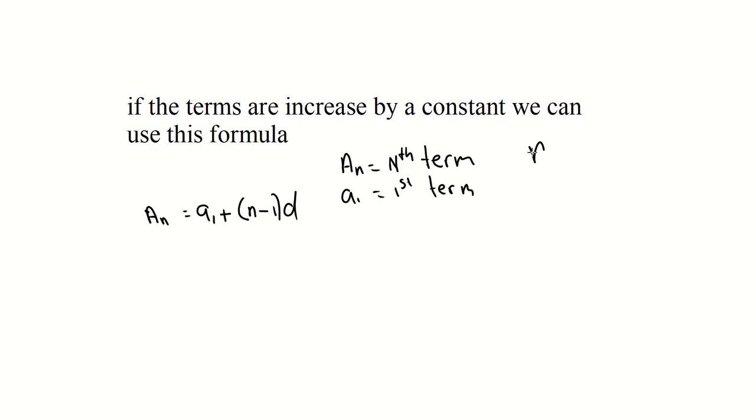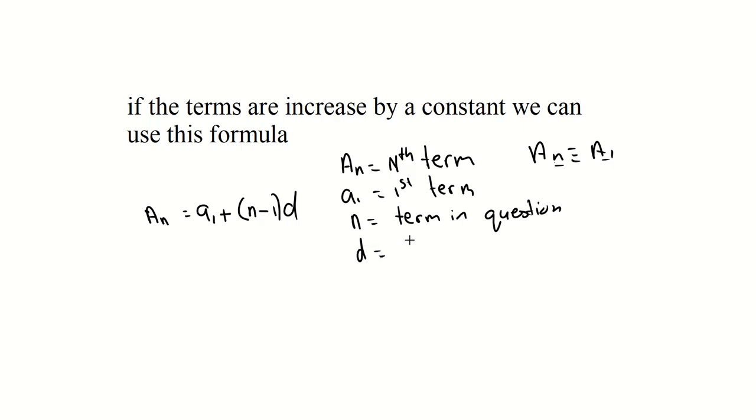Because if you compare an with a1, you see that n is 1. If it was a2, it would have been my second term. A3, my third term. A4, my fourth term. And then n would be the term in question, whatever term we're looking at. If you are looking at your fifth term, then n would be 5. If you're looking at your sixth term, then n would be 6.